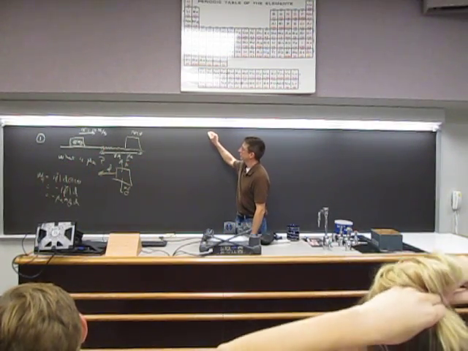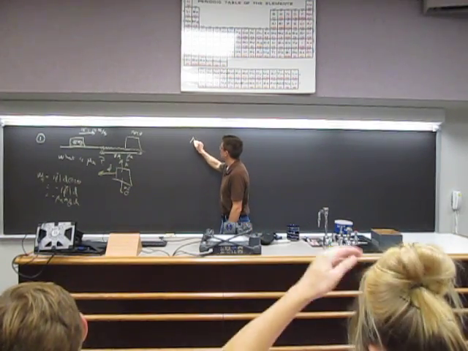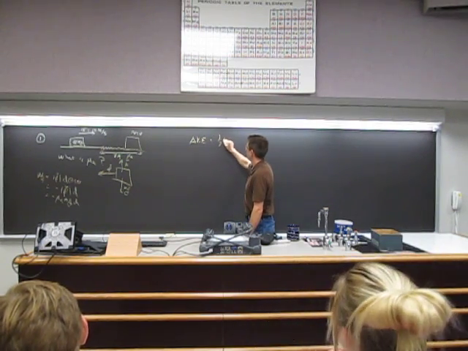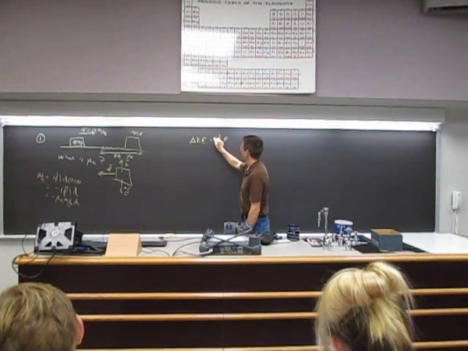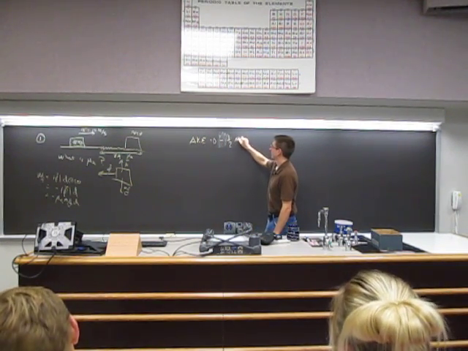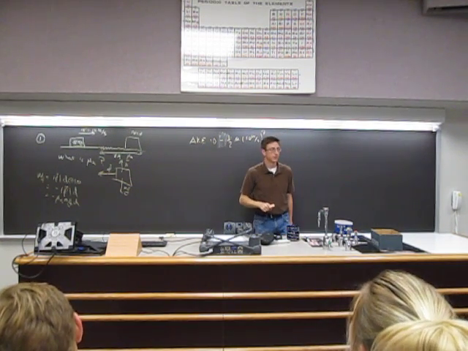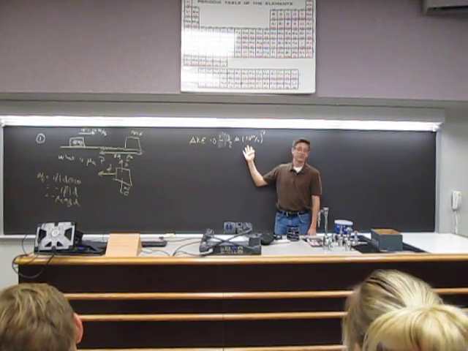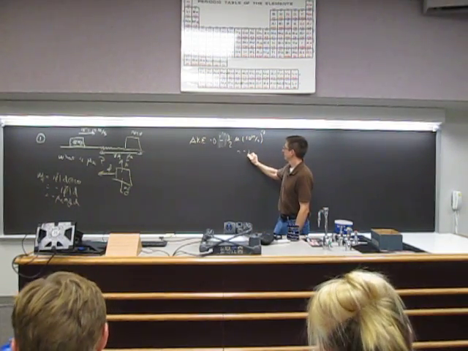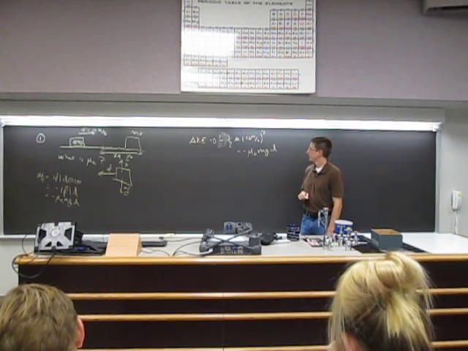Now, that's the only force that does work on it, so that's also the total work. So I have change in kinetic energy is equal to 1/2 m v final squared, that's 0, minus the initial, which is 1/2 m times 10 meters per second squared. That has to equal the work, minus mu k m g d.